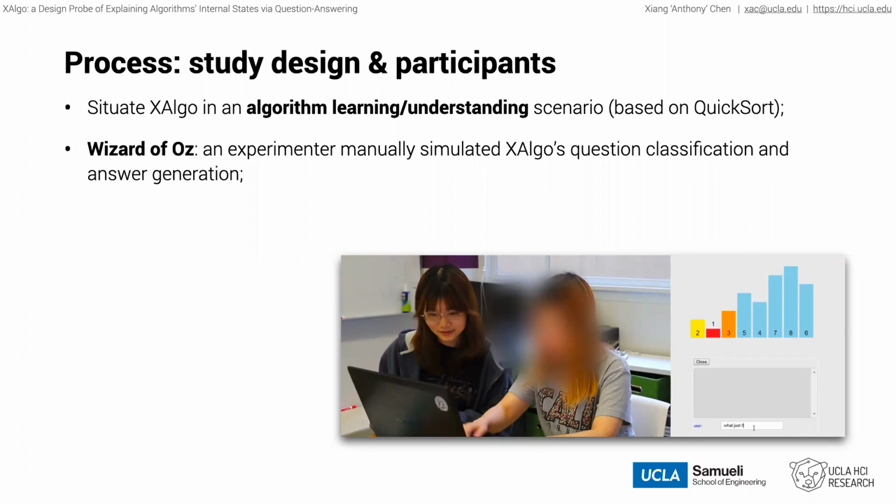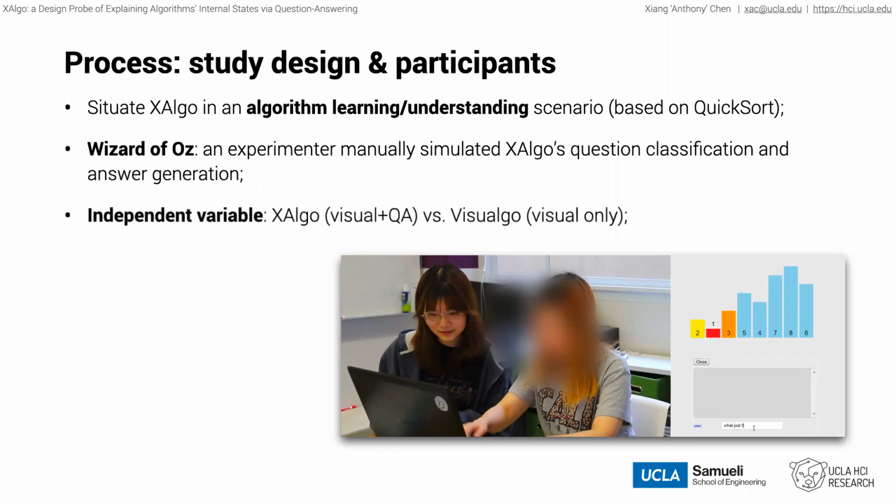Our study was a Wizard-of-Oz study in which an experimenter would manually simulate XAlgo's question classification and answer generation method. The independent variable is the method, which is either XAlgo or Visual-Algo.